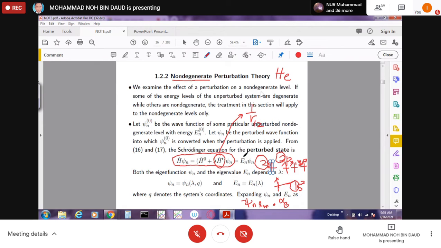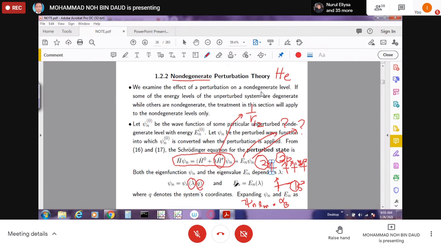Okay, now we want to know this. This is our problem. We want to know this form. This is what we are going to solve. So we can write this psi as a function of this coordinate and this parameter.